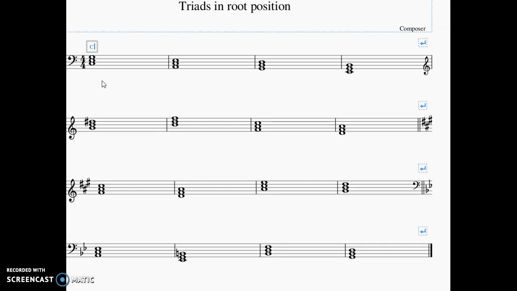So now we know half the information we need. This half of the information tells us that we are either going to be looking at a major triad or an augmented triad, because both of those triads have a major third in the first interval. So now let's look at the third on top. This will go from the third of the chord to the fifth of the chord.